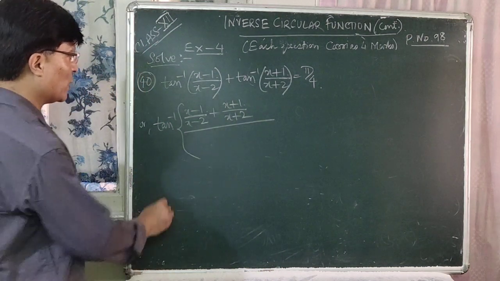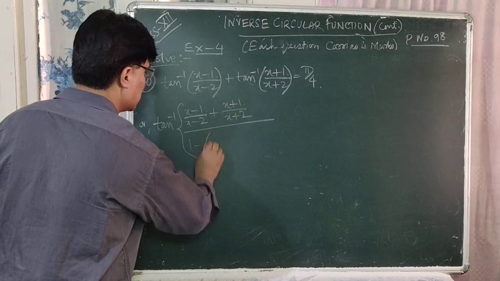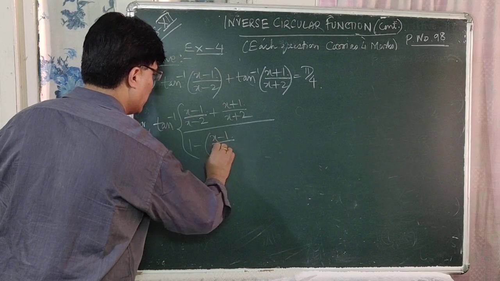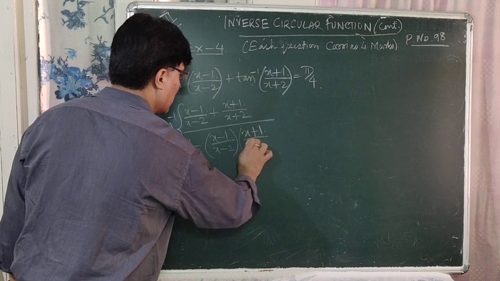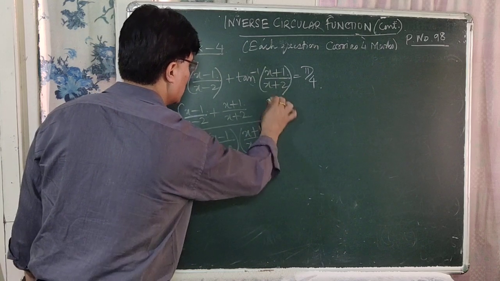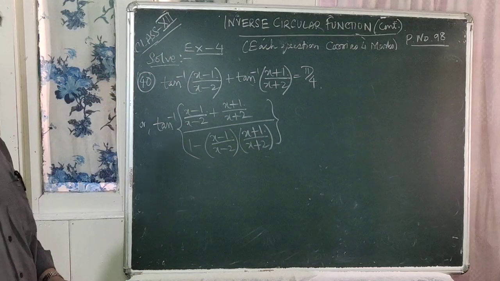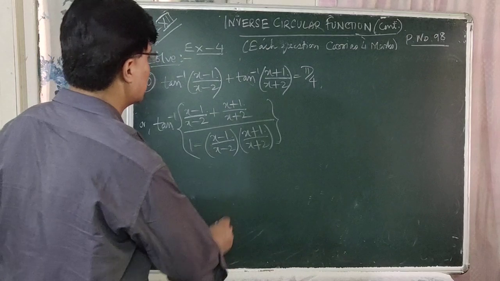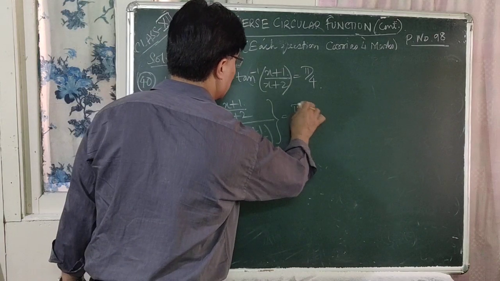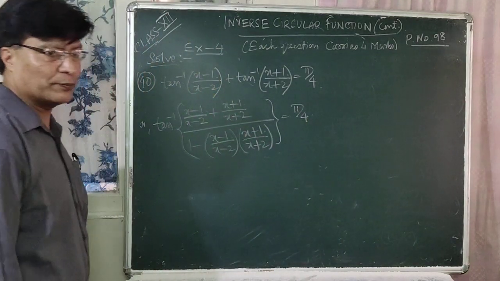What is 1 minus xy now? 1 minus x minus 1 upon x minus 2 into x plus 1 upon x plus 2. Second bracket is closed. Is that clear to all of you? Which is equal to pi by 4.